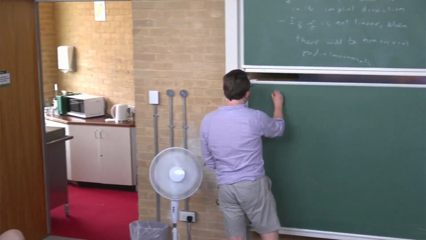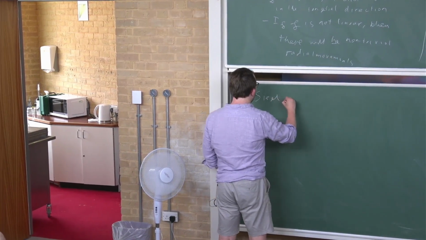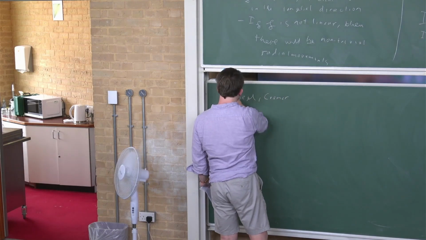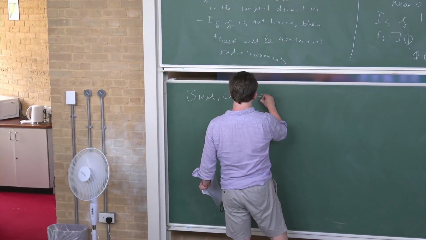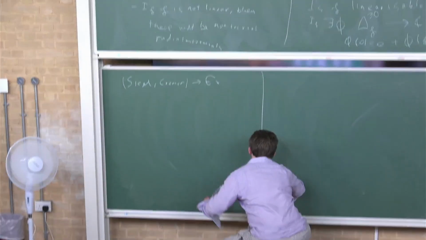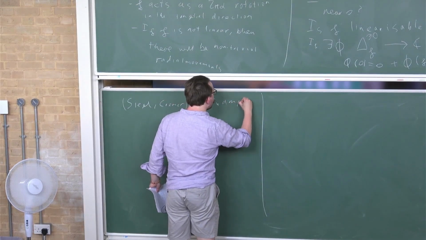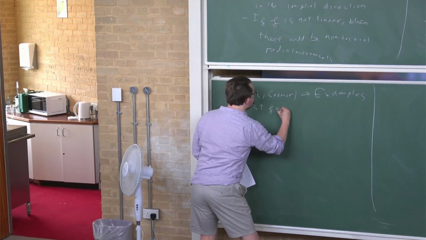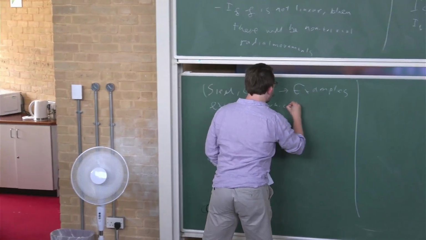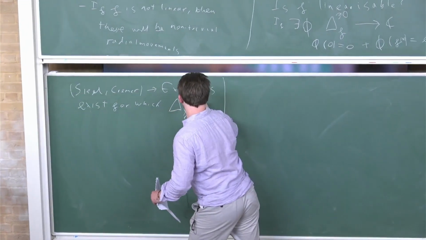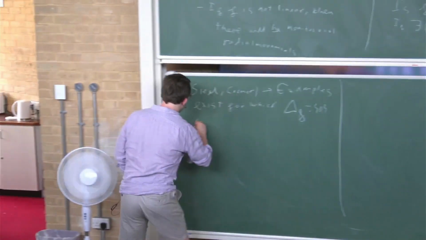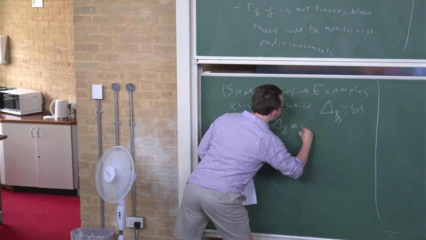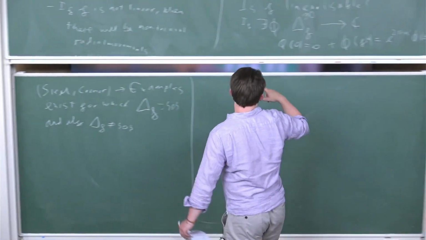It is a result by Siegel and also Cremer, very classical results, that examples exist for which this maximal domain Δ_f is equal to 0 and also not equal to 0. So this means that you really get a full range of possibilities.